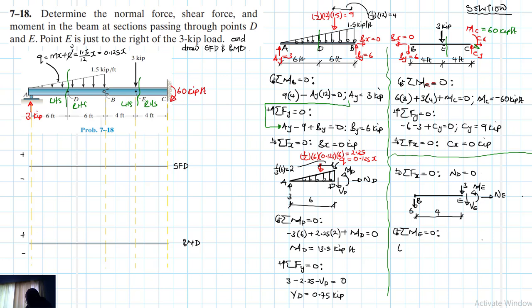We have 6 by 4 plus ME equal to 0, and therefore our ME is just going to be equal to minus 24, right?